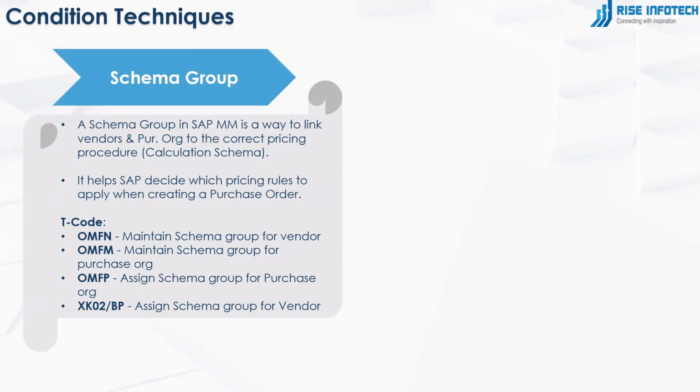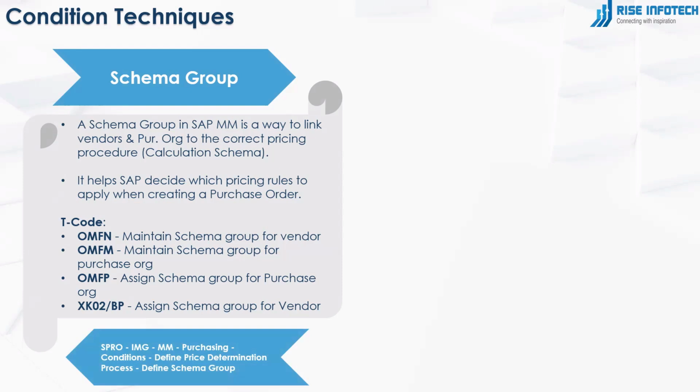And the T code OMFM is for maintaining the schema group for purchase organization. And the T code OMFP is to assign the schema group for purchase organization. And the T code XK02/BP is used to assign the schema group for vendor. And to define the schema group, we also have the SPRO path.